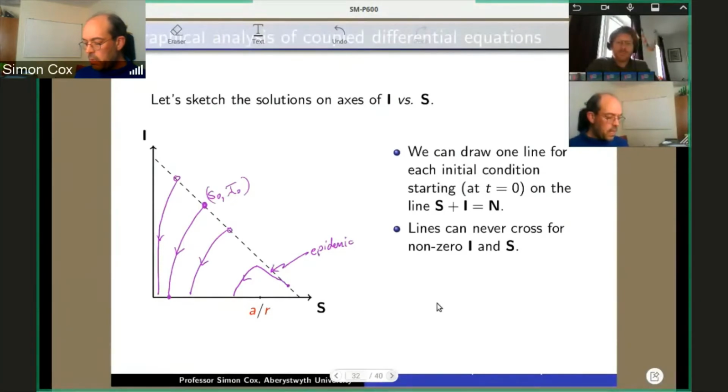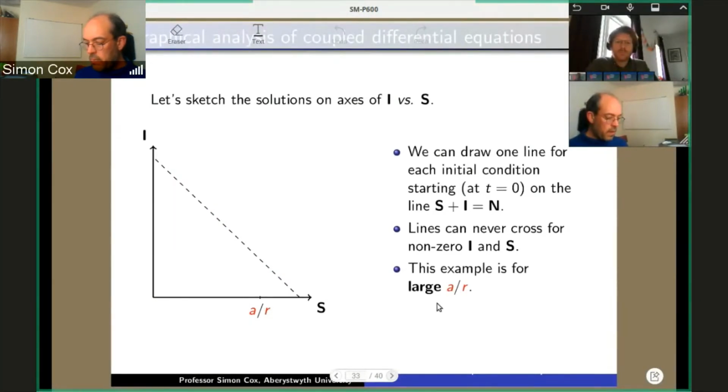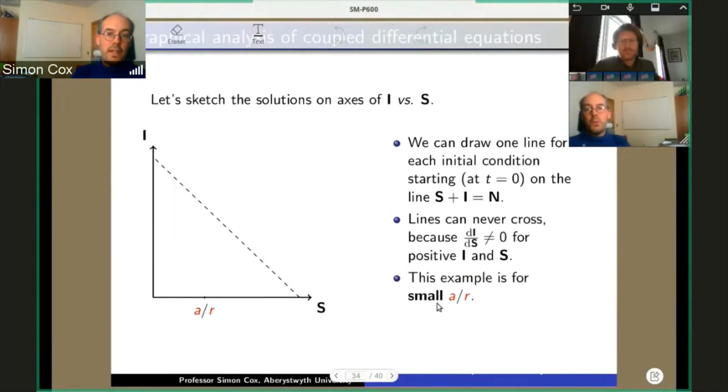So this example was for large A over R. What about if I have a small value of A over R, this ratio of removal rate, contact rate? Well, again, if I start with S naught less than A over R, S decreases and I decreases.